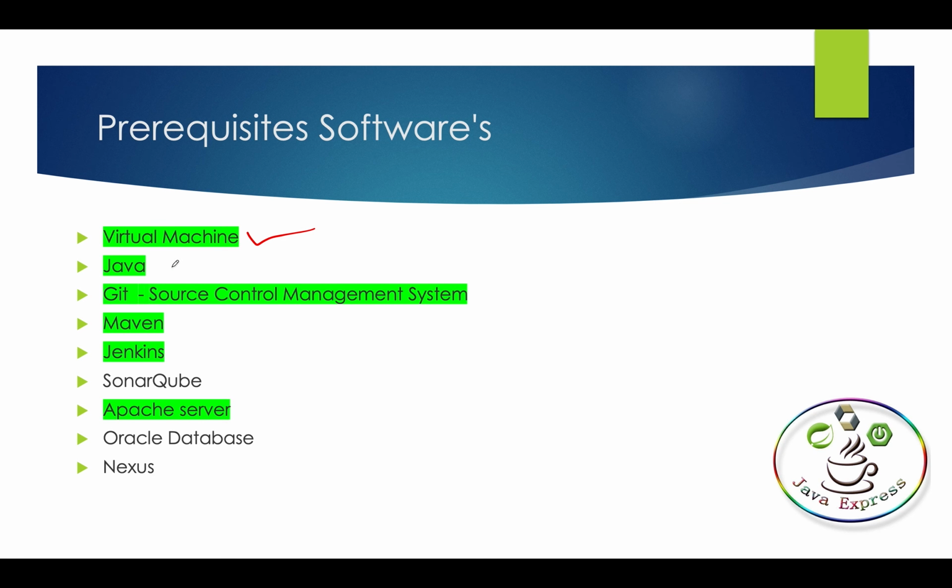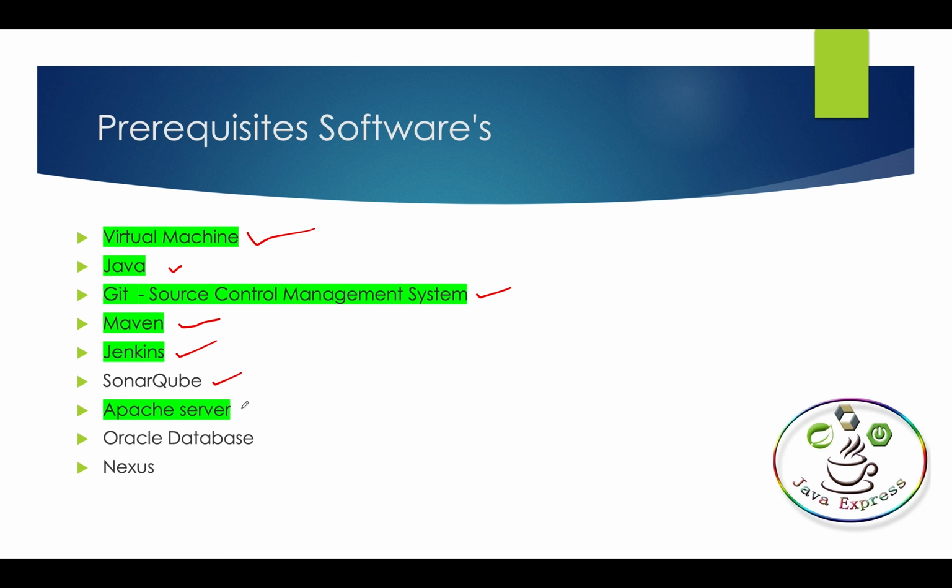As I said, Jenkins is a web-based application developed in Java, so you need Java software. If you want to fetch your Git repository, you need Git software. If you want to build with Maven, then Jenkins comes into the picture, and we will see how to install Jenkins. For code analysis, we need SonarQube.